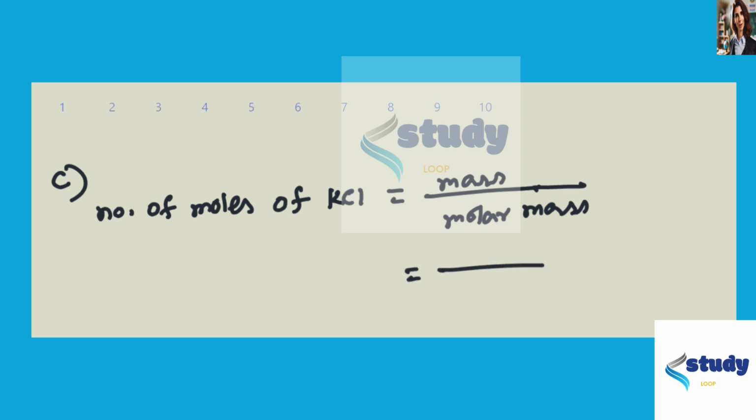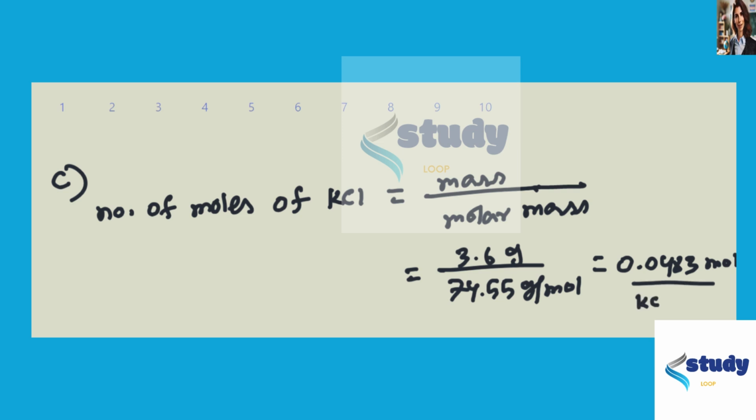So you're given the mass as 3.60 gram, and the molar mass of KCl is 74.55 gram per mole, and this will give us 0.0483 mole. So this is the number of moles of KCl.